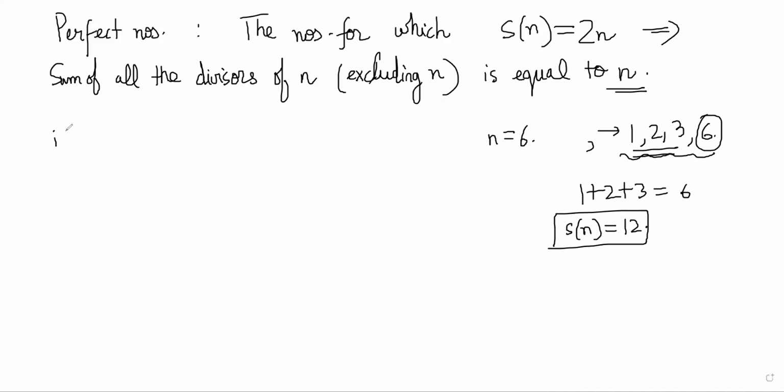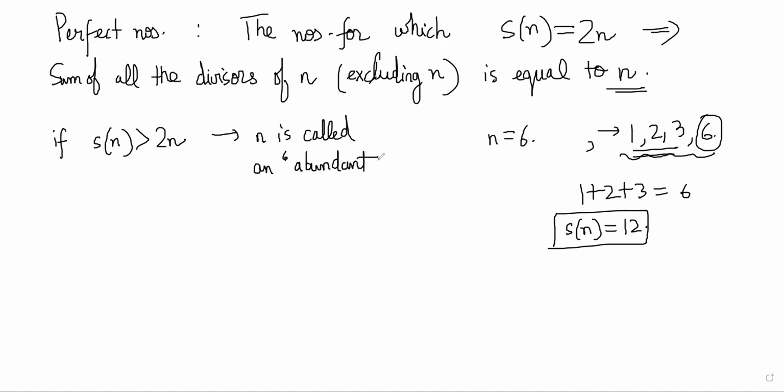Now there is some terminology that you should be familiar with. If S of n is greater than 2n, then the number n is called an abundant number. And if S of n is less than 2n, then n is a deficient number.